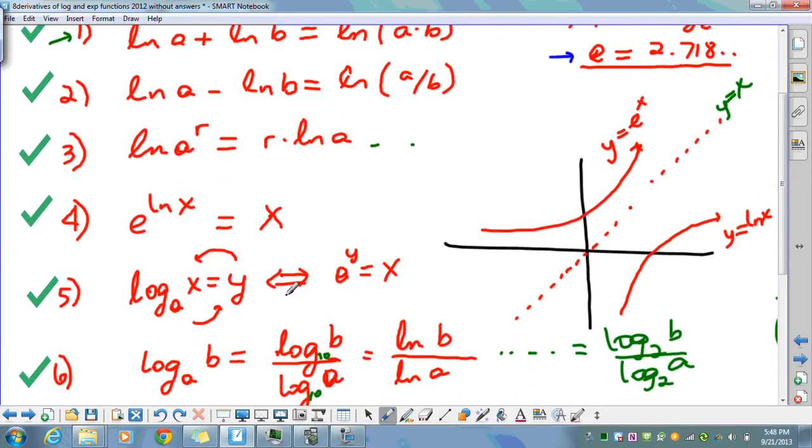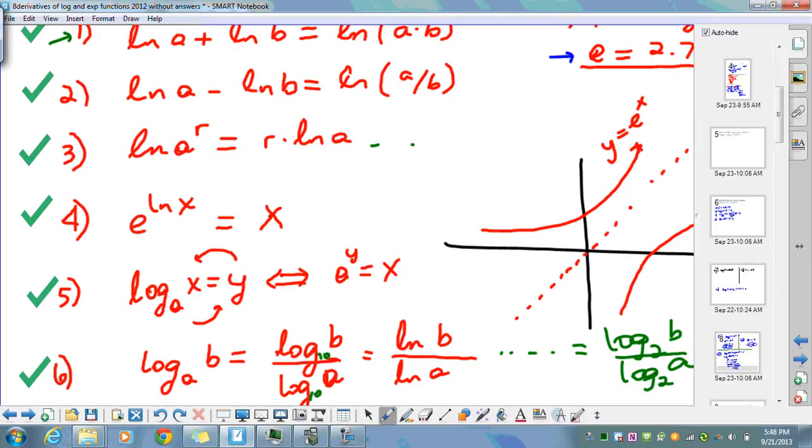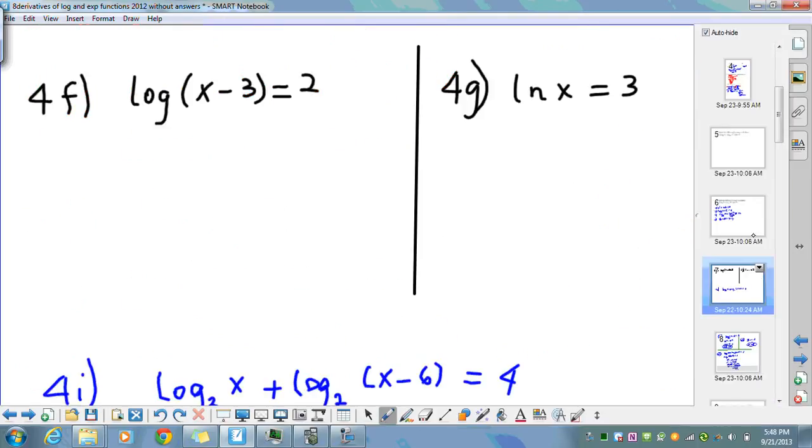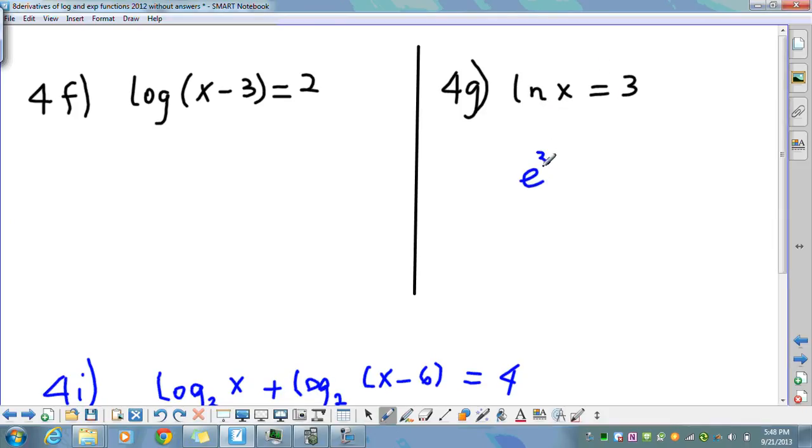That tells you how to get rid of a log. So a to the y equals x. So let's apply property number 5 for this question. So the unknown base is e, so e to the third equals x.